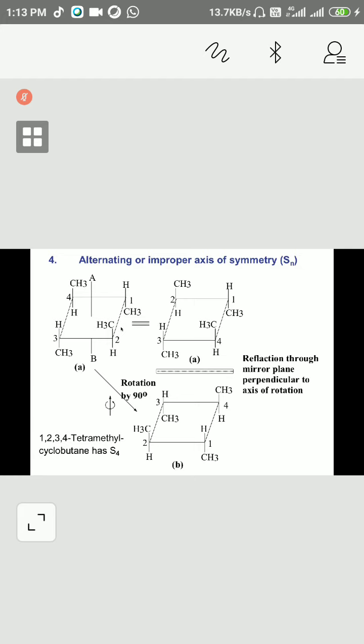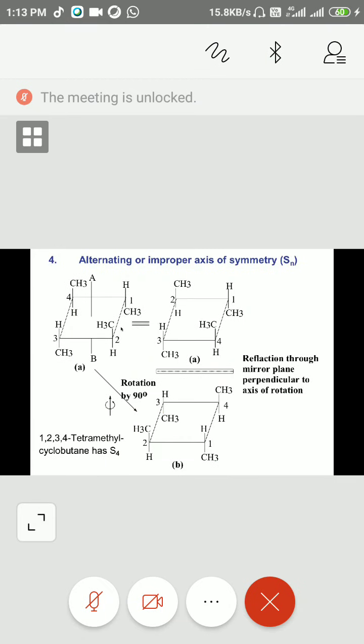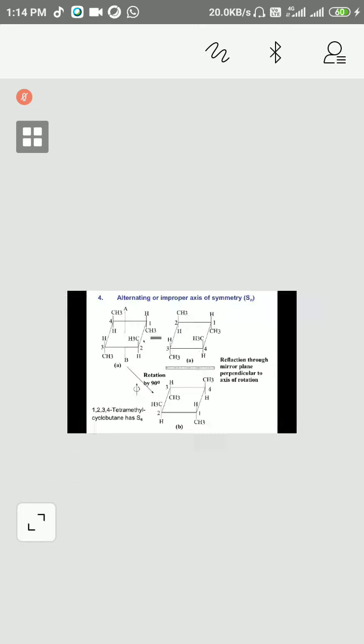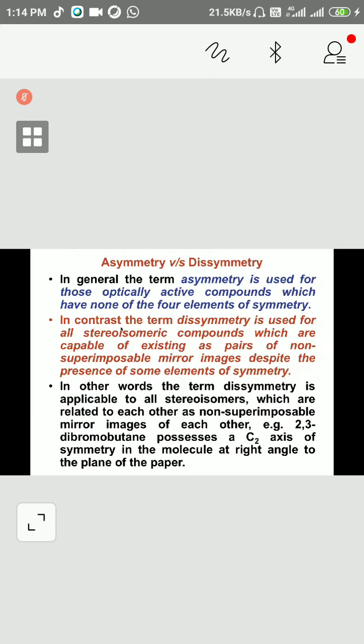It means a disymmetric molecule can be asymmetric, but not all asymmetric molecules are necessarily disymmetric. A disymmetric molecule will always be optically active. In other words, disymmetry is applicable for all stereoisomers which are related to each other as non-superimposable mirror images, so they are always optically active.